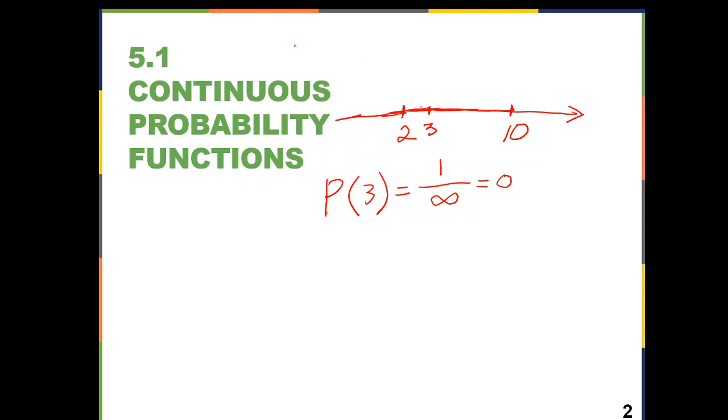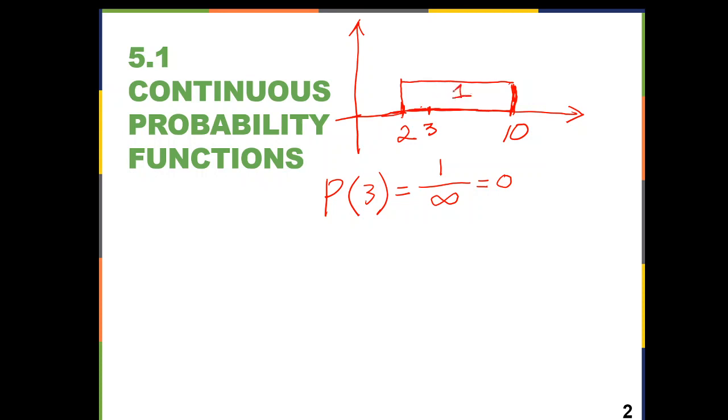Well, here's how we can do it. We can think of a y-axis, just like in algebra, right? We have the y-axis here, and then what we can do is make a rectangle here, and make sure the area of this rectangle is 1.